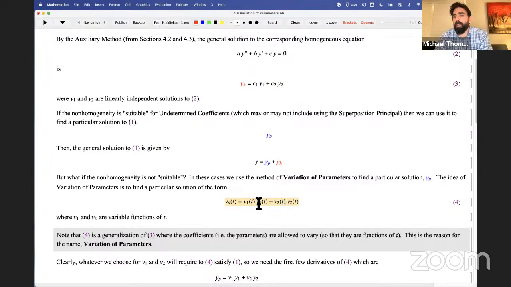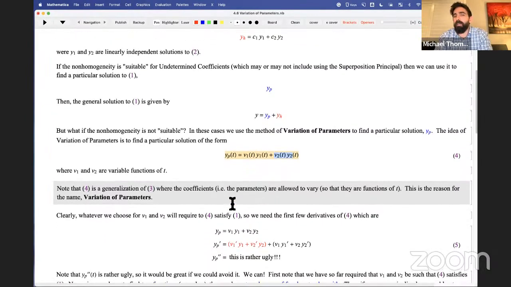And then we have our known solutions to the homogeneous equation right there. Our goal is to use this form and figure out what V1 and V2 have to be in order to be solutions. The way we've done that in the past is by equating coefficients.